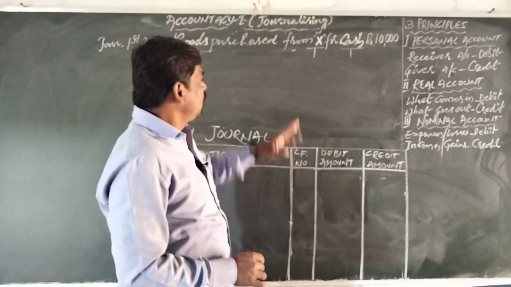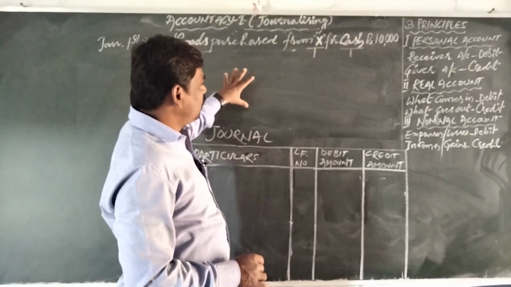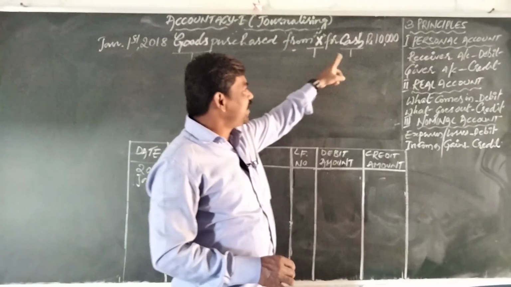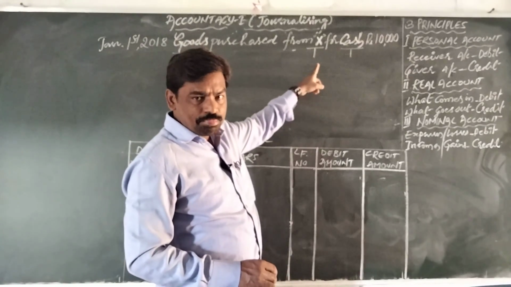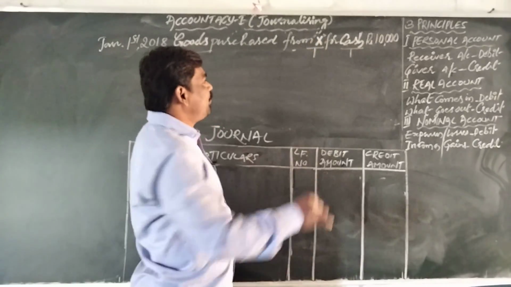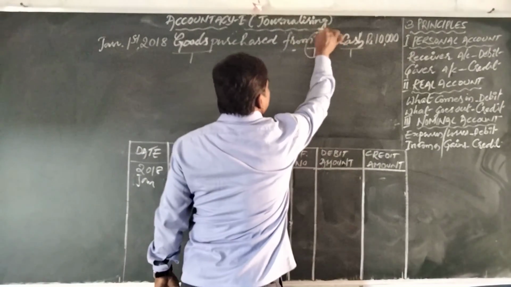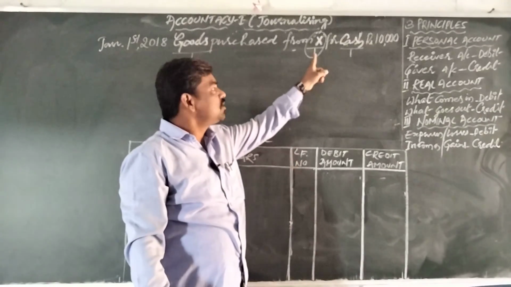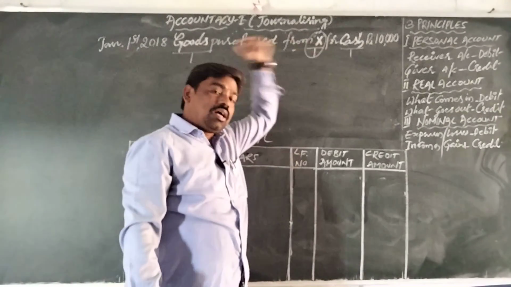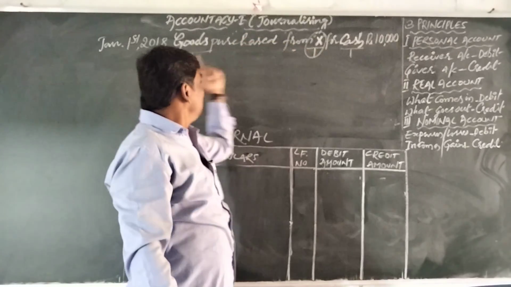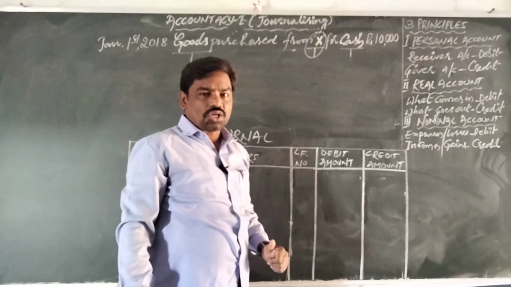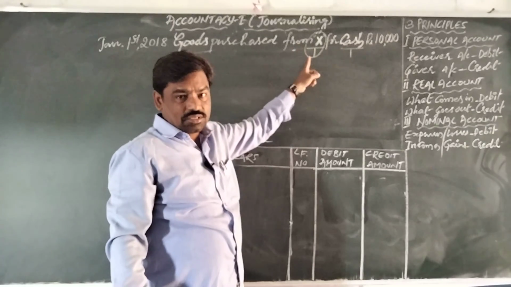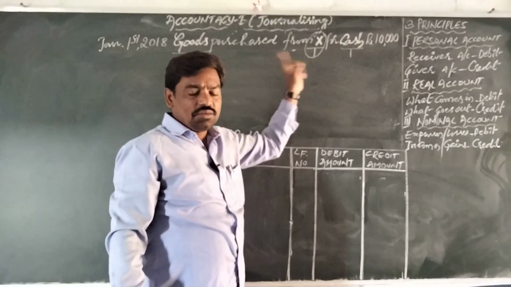Remember one thing: if you find three aspects in a transaction, if there is cash and the name of a person, you can simply ignore the name of the person, and you must not give any importance to the name of a person when you see cash along with another aspect in the given transaction. So here there is no importance for the name of the person in this transaction.